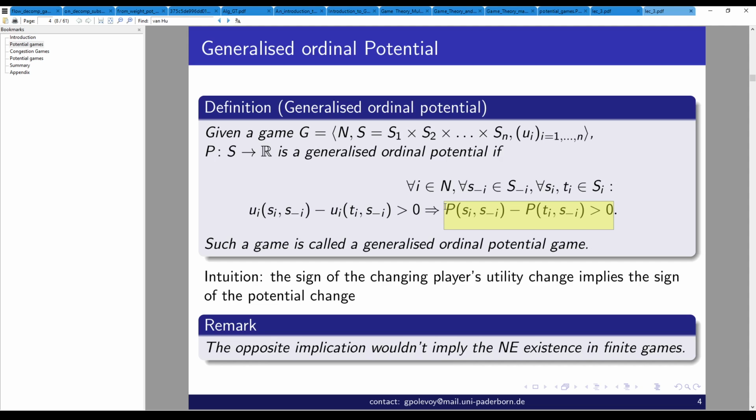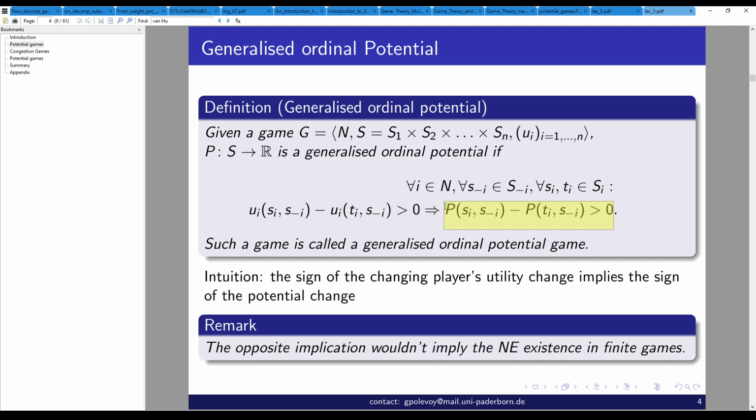And please notice that we have chosen to define that thing. One can ask, why don't we define the other direction? We don't indeed, because what we have defined now would imply that if the player can improve, then the potential grows.